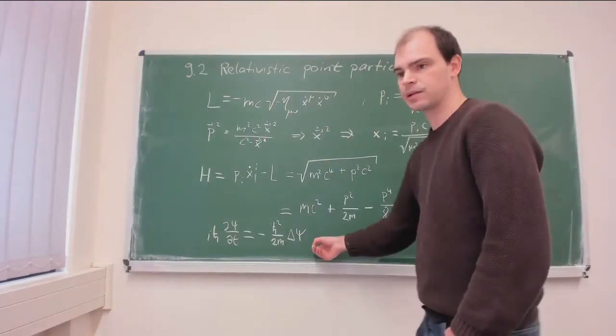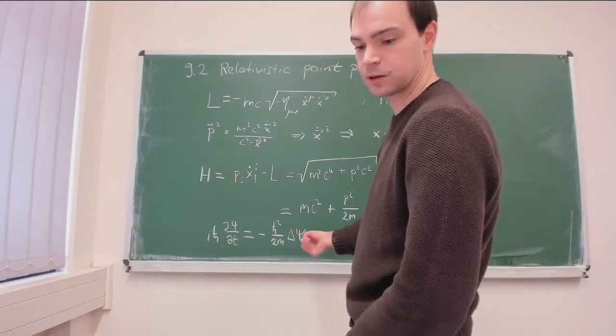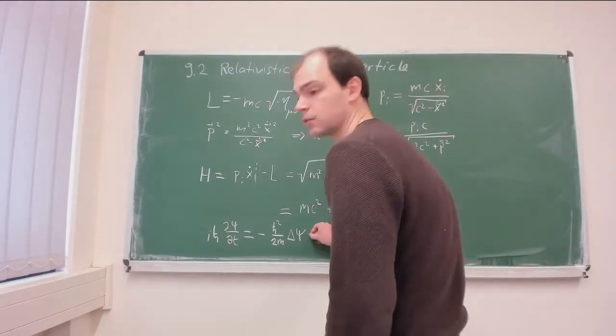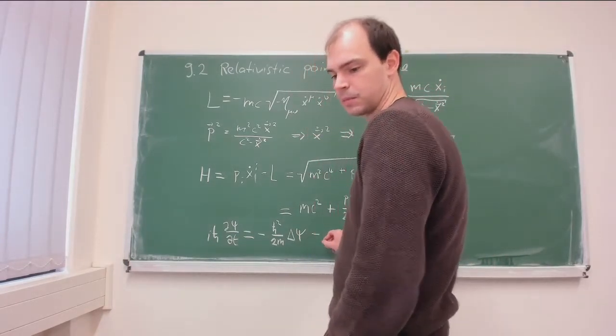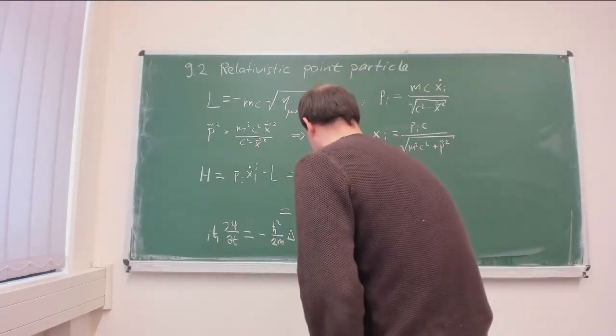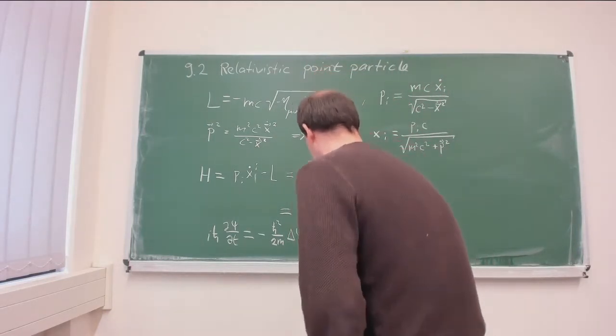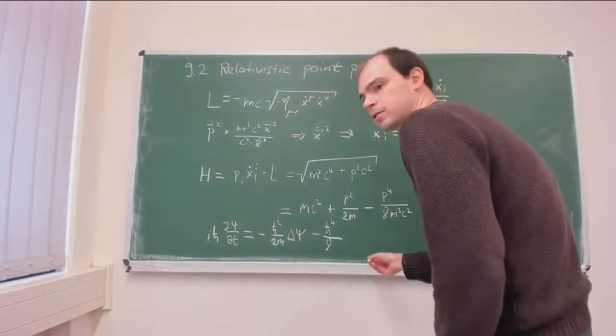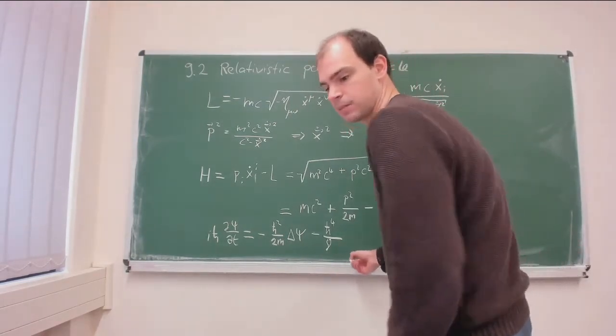So we get the standard non-relativistic Schrödinger equation, and then we get a relativistic correction. That would be minus ħ⁴ divided by 8m³c².